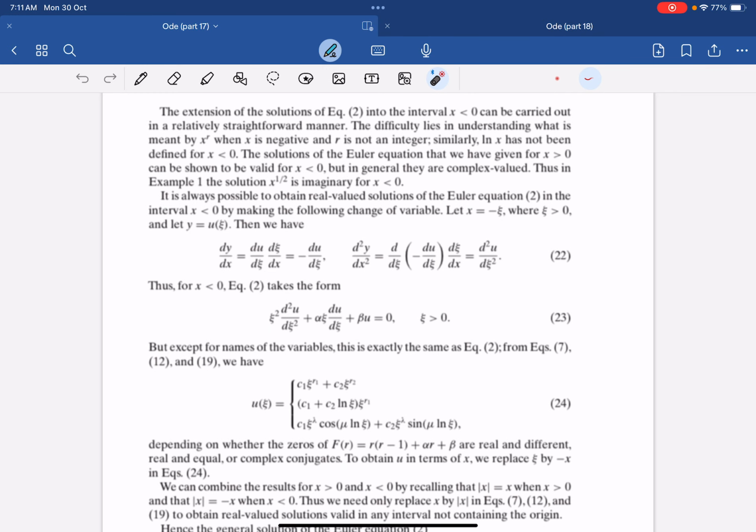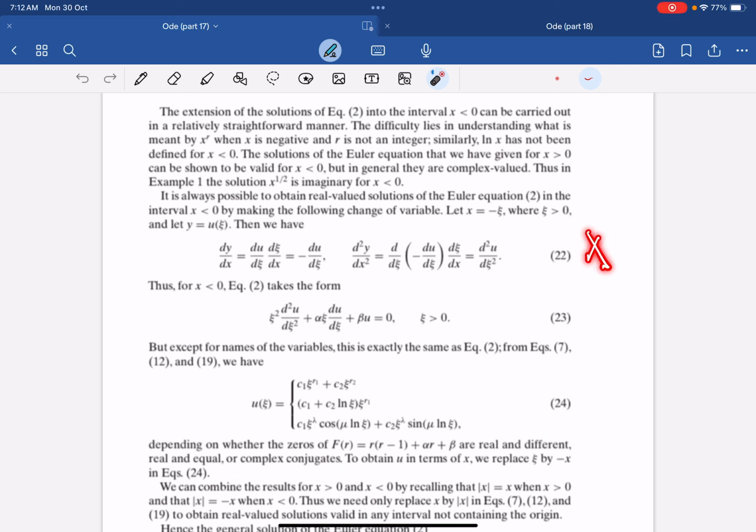Now our idea is we want to extend the solutions to when x is less than 0 as well. Because when we use the monomial x power r, if x is larger than 0, then there is no problem. But now the question is, what happens when x is less than 0?